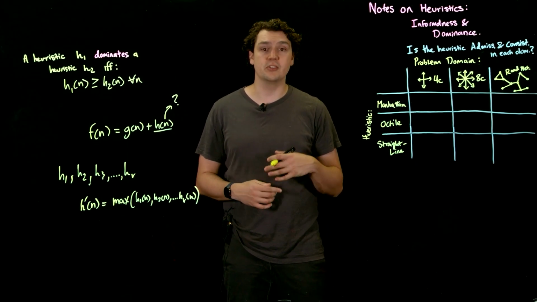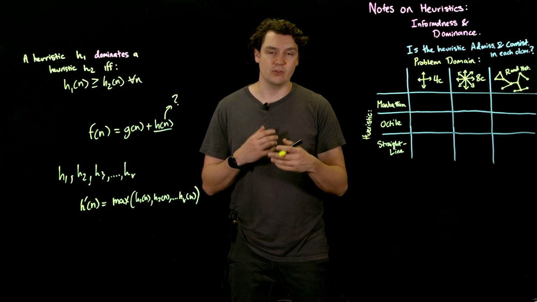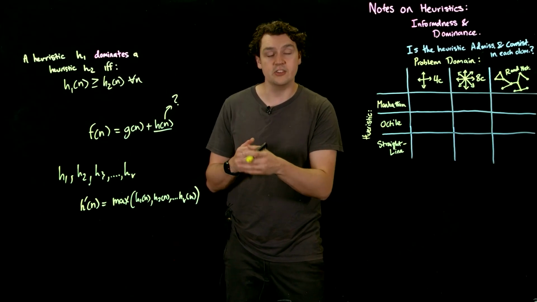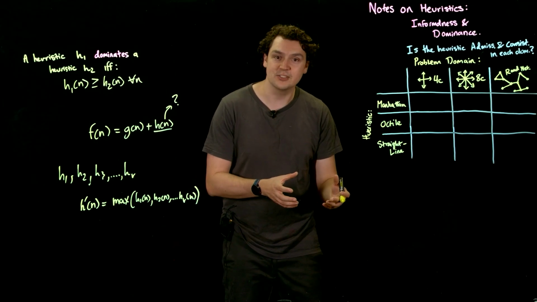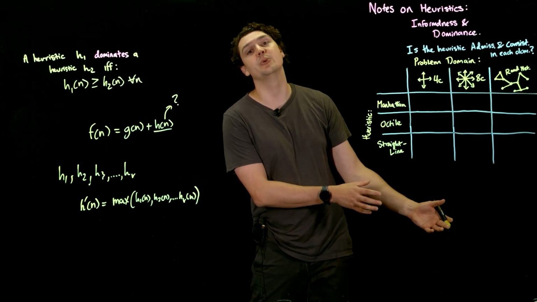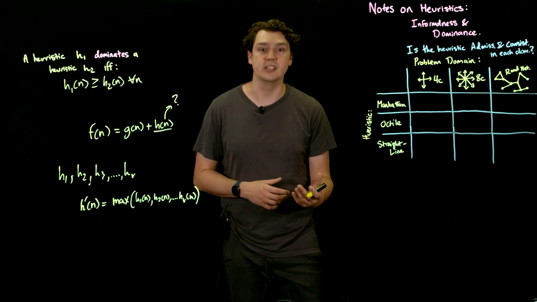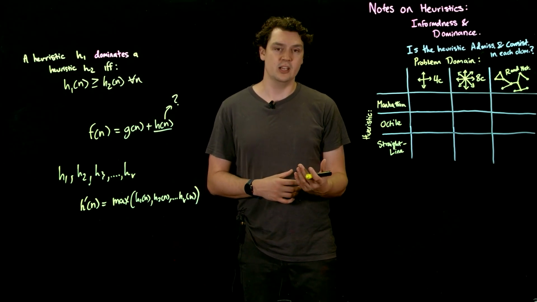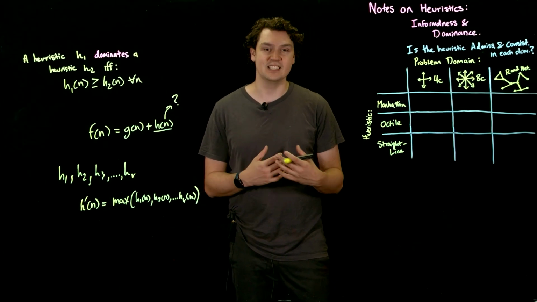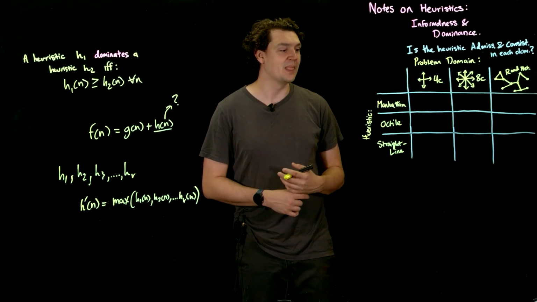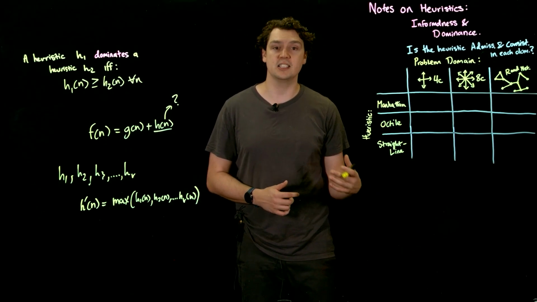So these heuristics are often very simple. We want the calculation of h of n to be extremely quick so that it can inform search without detracting from our actual ability and time to search over the nodes. As long as they fit the admissibility and consistency criteria that we need, we're often pretty happy as long as the heuristic is guiding us and giving us a reasonable enough estimate. So one of the common ideas with heuristics is we want them to be fast to compute.